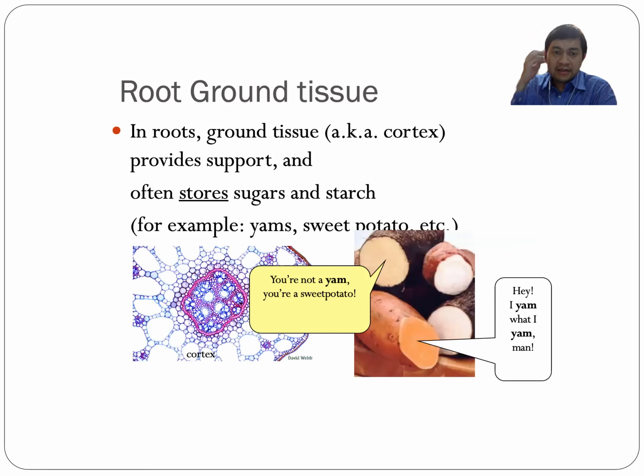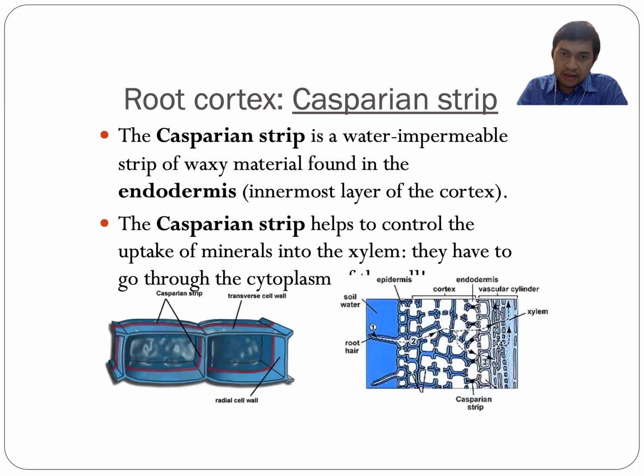So here, the root ground tissue, like the cortex, provides support and often stores sugars and starch. And then this is for the root cortex, especially the Casparian strip. Here there is an explanation of the Casparian strip. It is a water-impermeable strip of waxy material found in the endodermis.